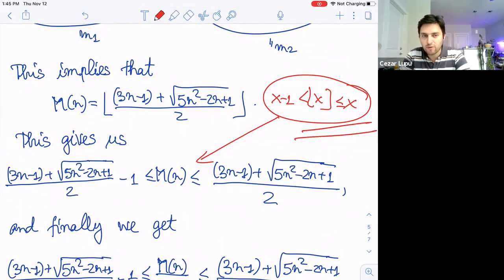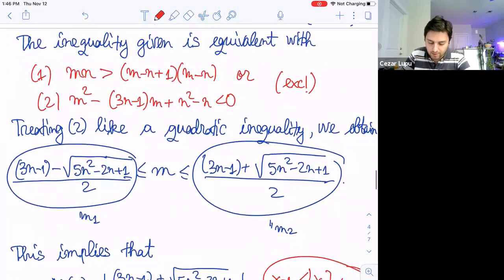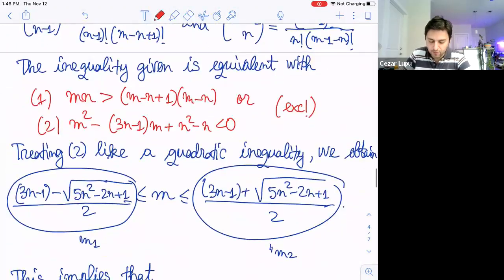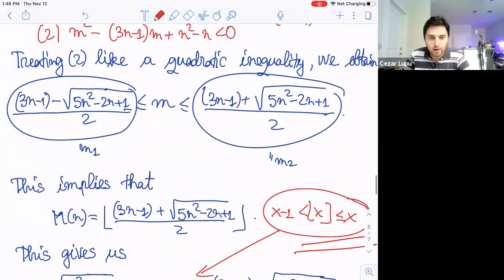So you see, this is the floor function, like the integer part, let's say, right? I just remember that the function was defined in terms of some integers or some sums of integers, right? Yeah, you can find it in terms of n. Look, so you can write m in terms of n. You see, m1 and m2.